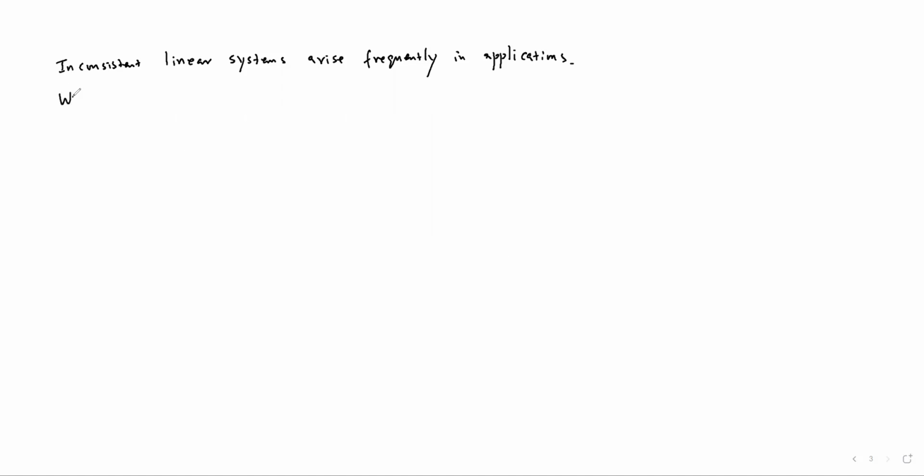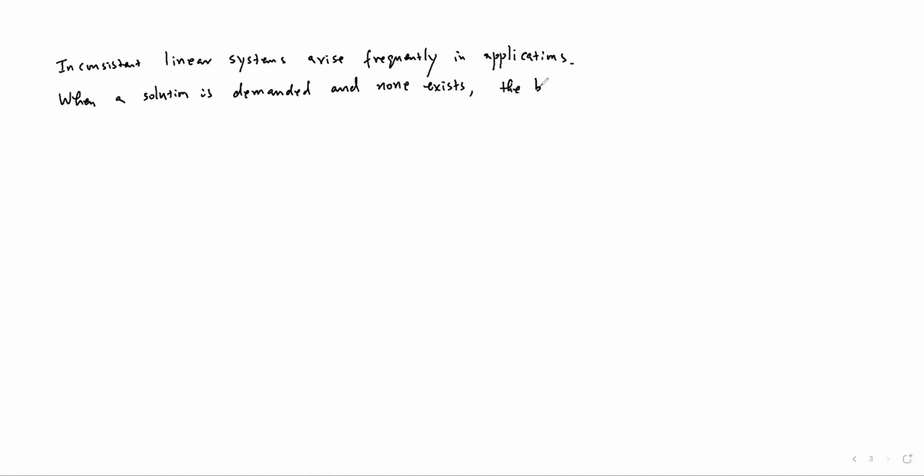When a solution is demanded for Ax = b, but the linear system has no solution, then what can we do?